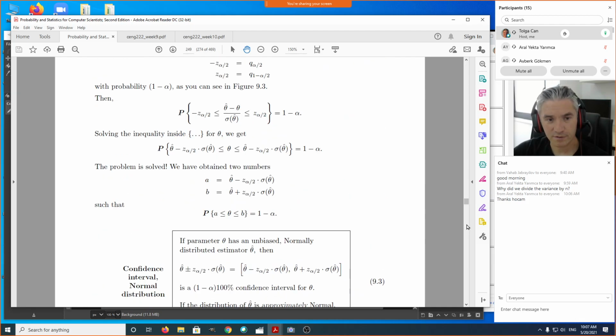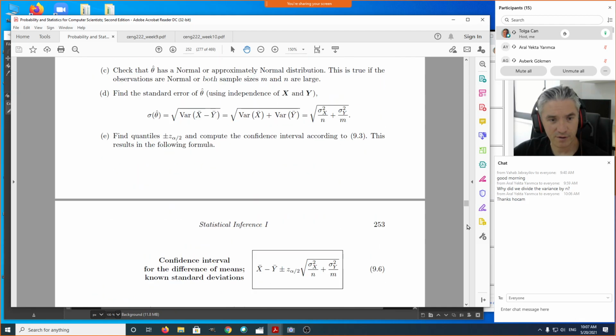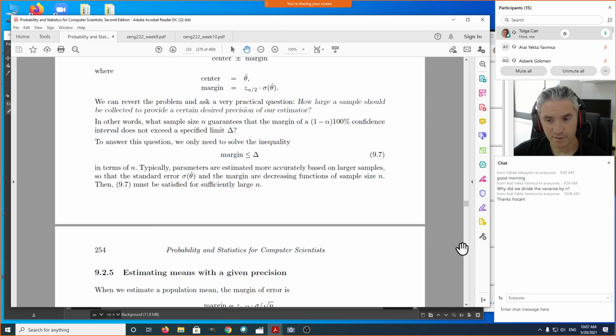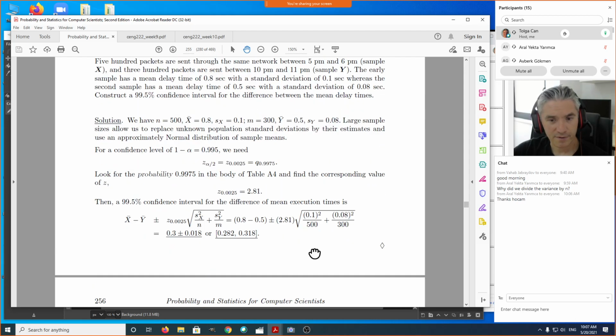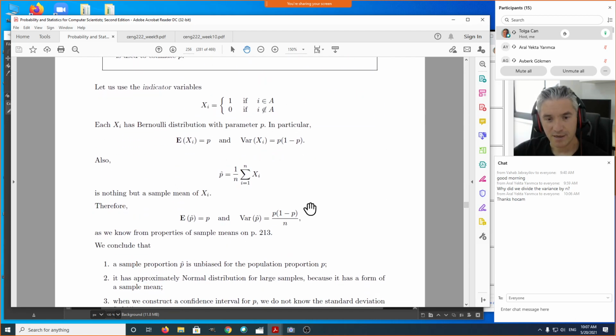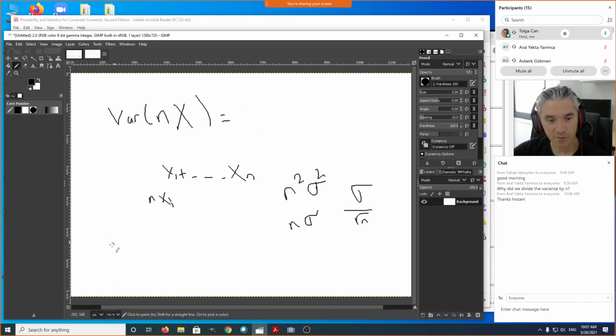Since this is the same thing, the standard deviation of a Bernoulli variable: what is the standard deviation of a Bernoulli variable? The square root of P times 1 minus P. So this is the standard deviation, in other words sigma, of a Bernoulli variable.